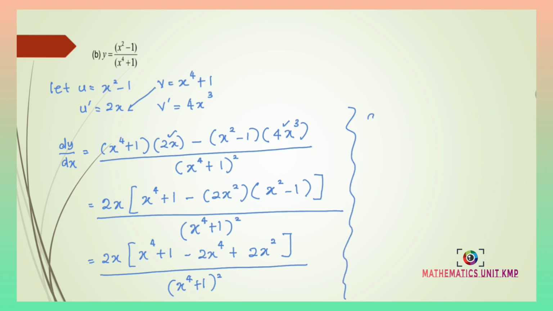Then dy/dx is 2x, and we simplify x power 4 minus 2x power 4, we get negative x power 4 plus 2x squared plus 1 over x power 4 plus 1 squared.